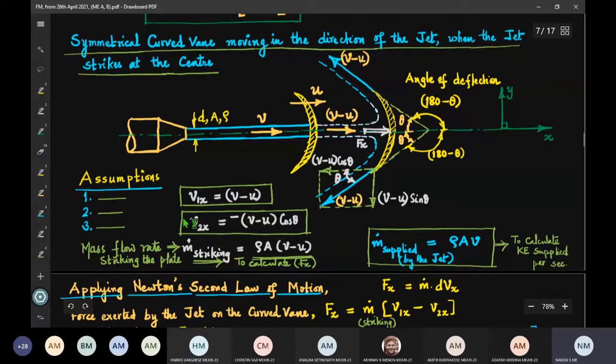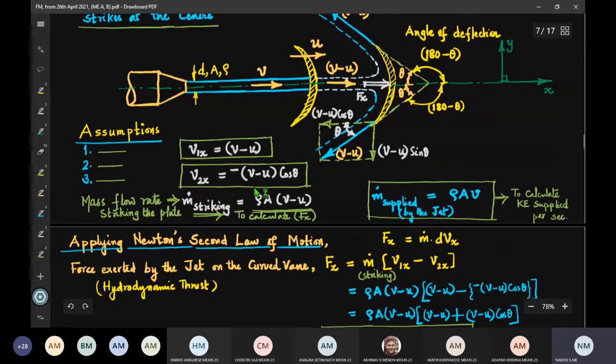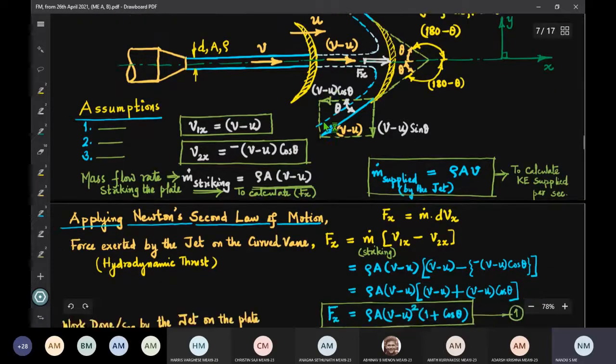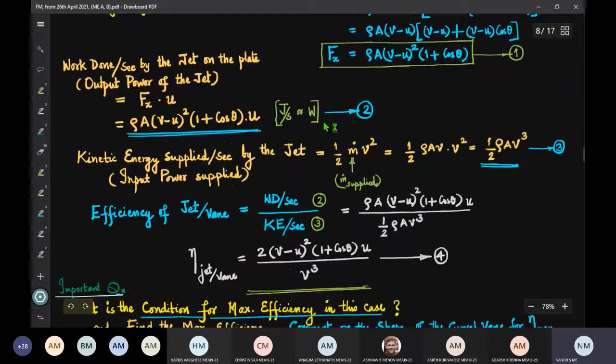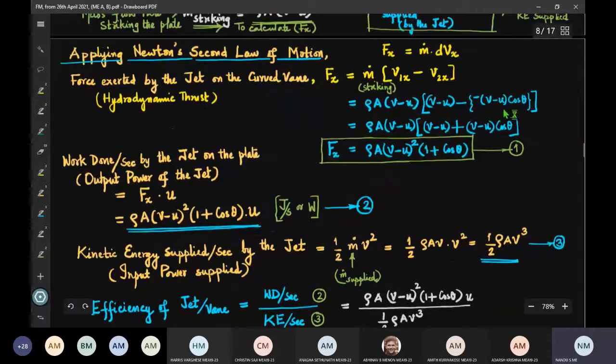So v2x, the velocity of the deflected jet in the x direction, is equal to minus (v minus u) cos theta. Remember, it is negative as it is directed towards the left, that means in the negative x direction.